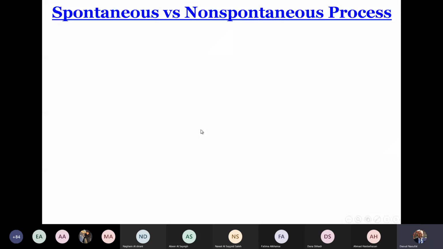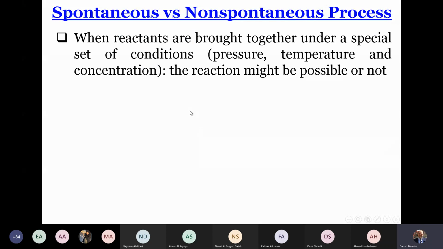Spontaneous and non-spontaneous process. When reactants are brought together under special conditions of pressure, temperature, and concentration, sometimes we find that this reaction is possible or impossible.